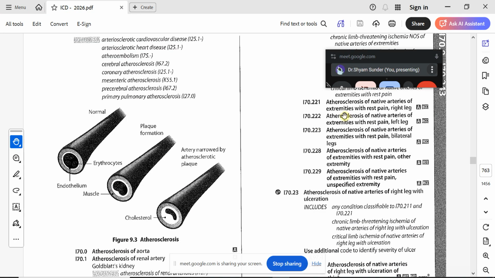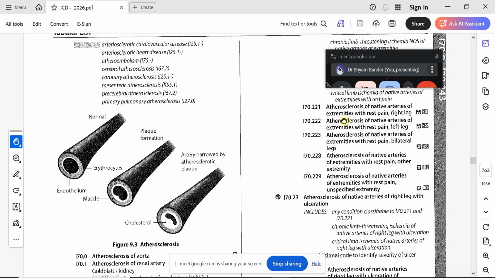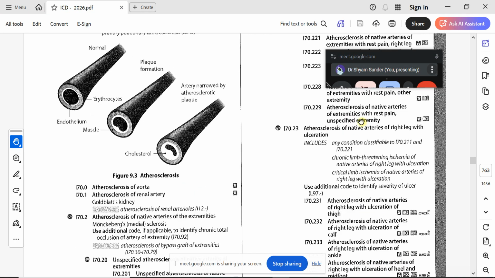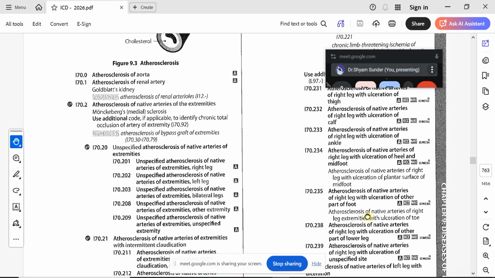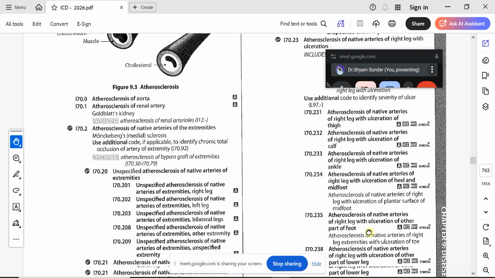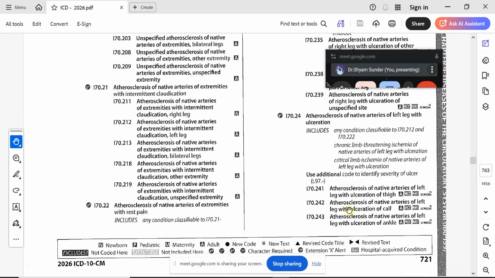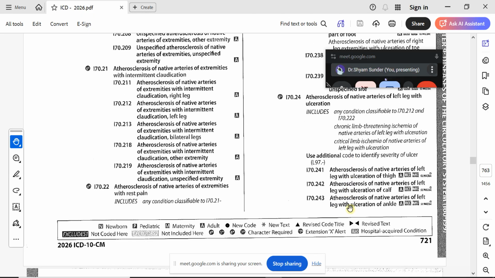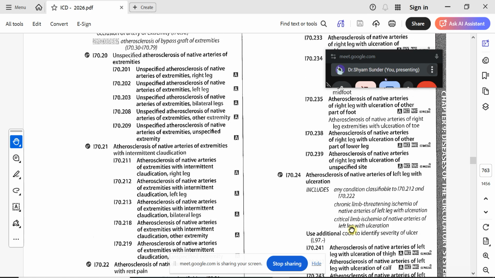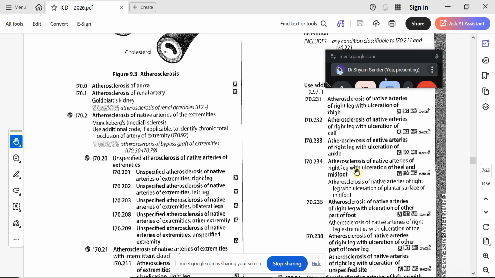243. Atherosclerosis of native arteries of left leg with ulceration of ankle. Now, if you look at this 233, this is about right leg.